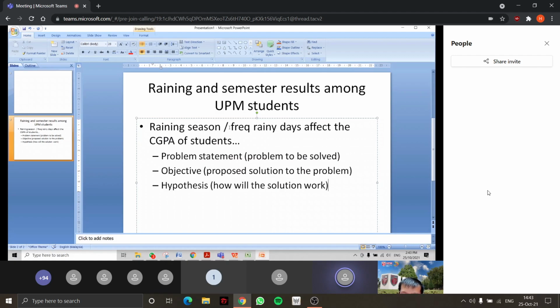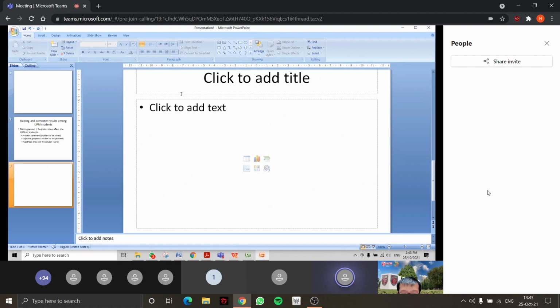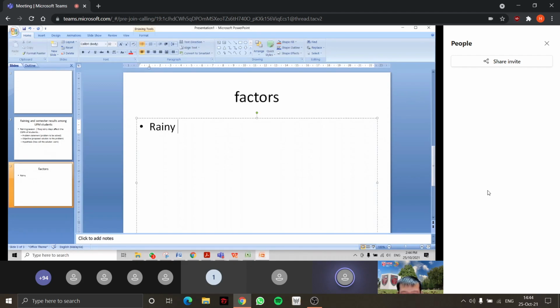And because of that, you need to identify factors, and measurable factors. So in this case, what will be the factors? The factors will be, before that, the presence or absence of rainy days.